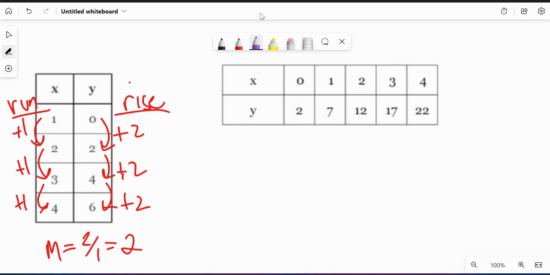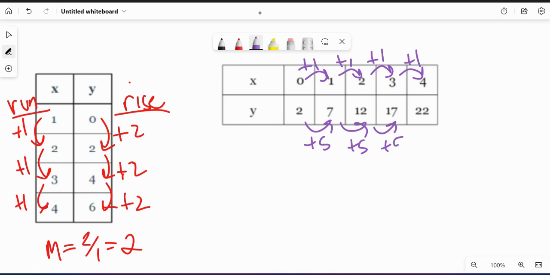Now this one, it's going right 1, right 1, right 1, right 1. This one's going up 5, up 5, up 5, up 5.